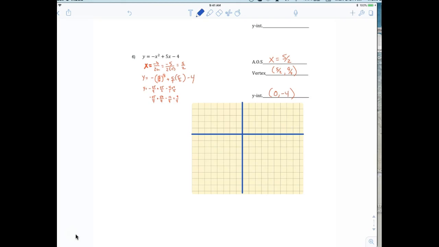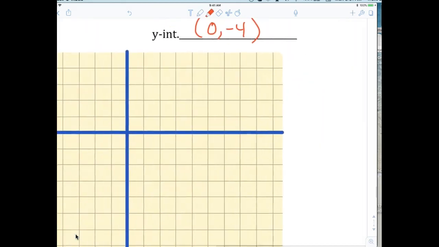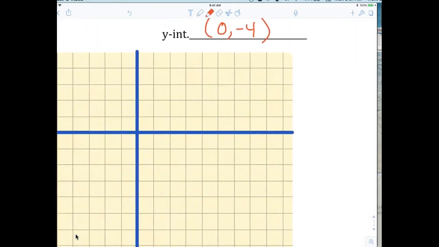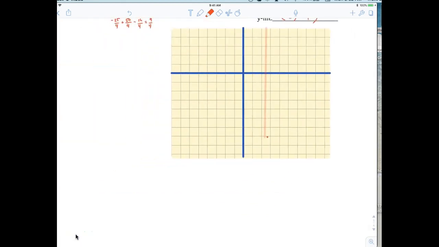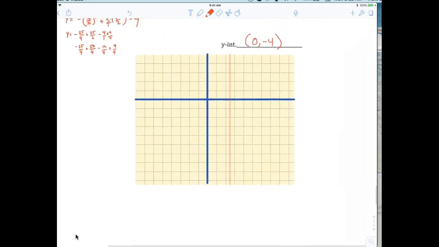All right, so we're graphing 2.5, which is somewhere like right here, for the axis of symmetry. There you have it. 2.5, just like that.